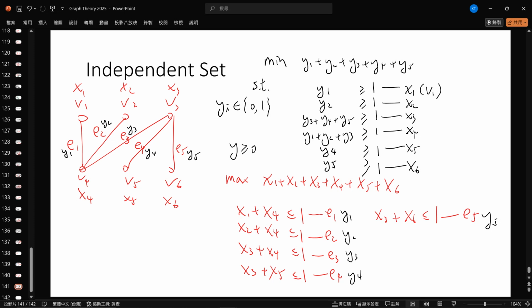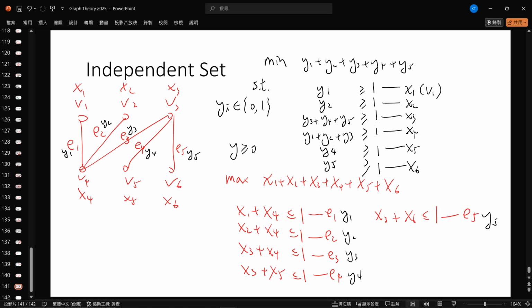And the objective function says we want to choose the minimum number of edges. So we want to minimize the number of edges chosen.